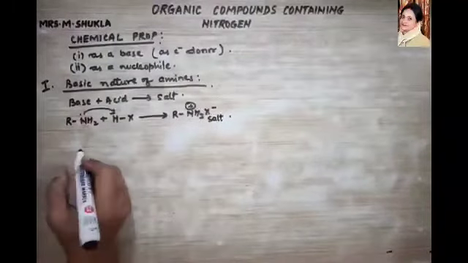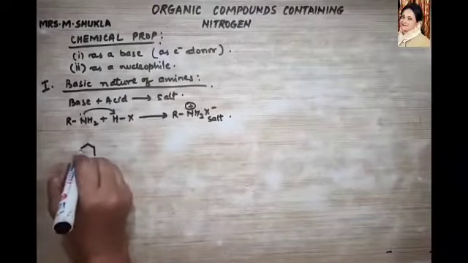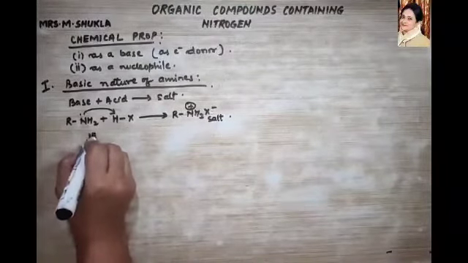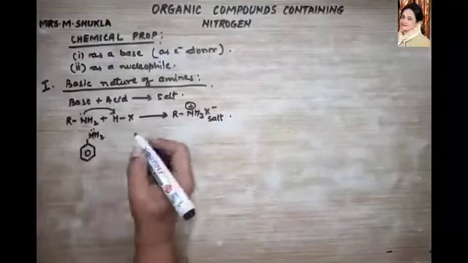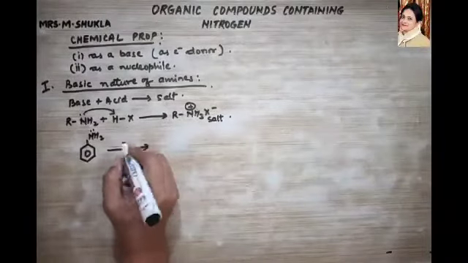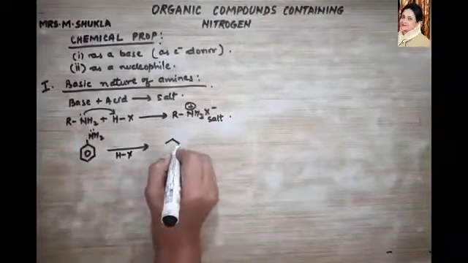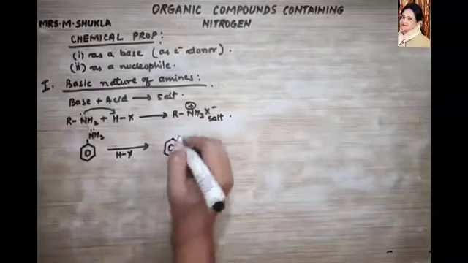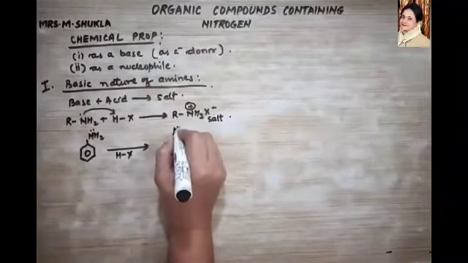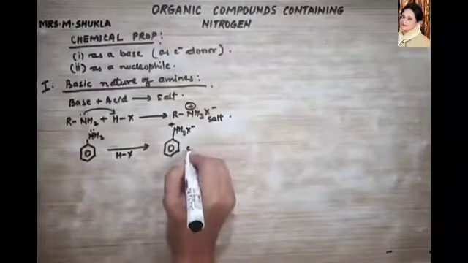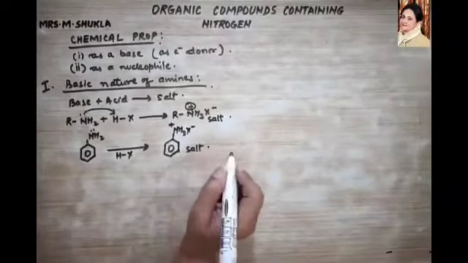Even the aryl amines undergo the same reaction. That is, I take aniline over here, suppose, and this is treated with an acid, say HX. So it is going to form a salt. What is that salt? C6H5NH3+ X-. Okay, this is also the salt formed over here.